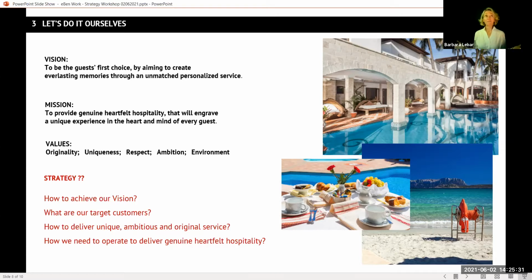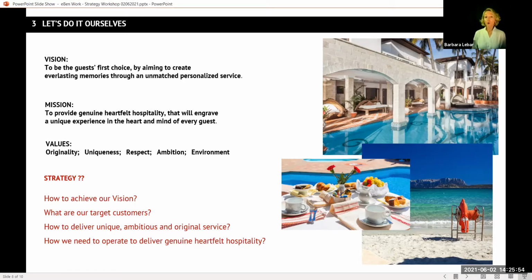And think about the life moments that really stay with us forever. It's probably not only marriage, it could be birthdays, really the life moments that stay with us. Maybe we can offer something for such life moments. So really think about how to achieve the vision set for the company.